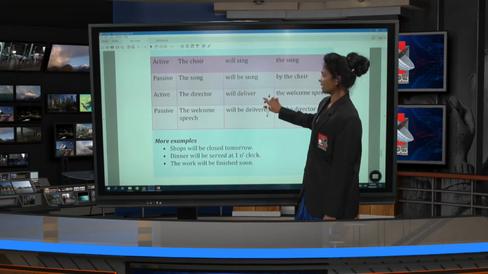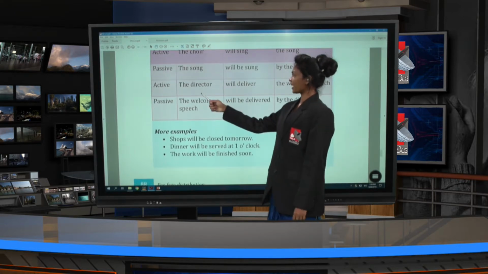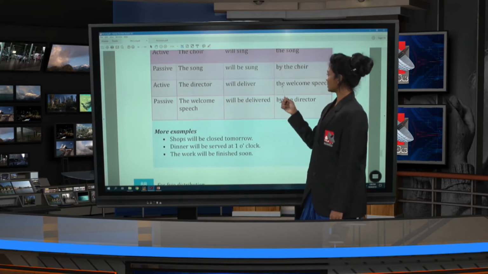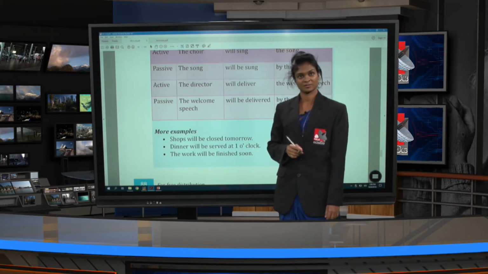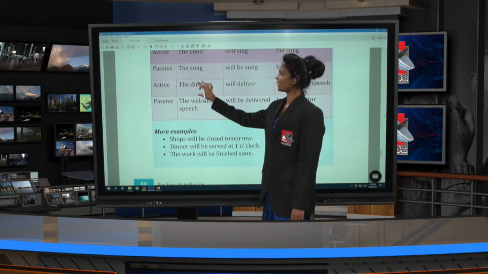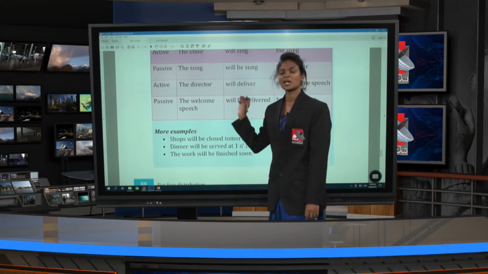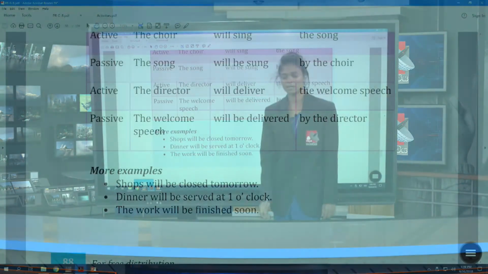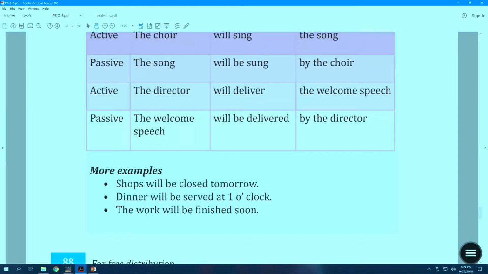Then the second one. The director will deliver the welcome speech. You can identify this sentence as an active one because you can see the doer. Who is it? The director.